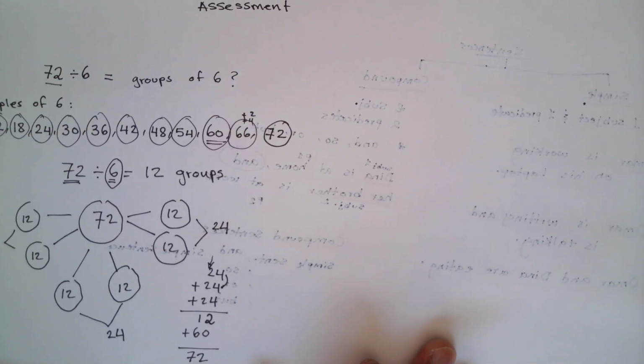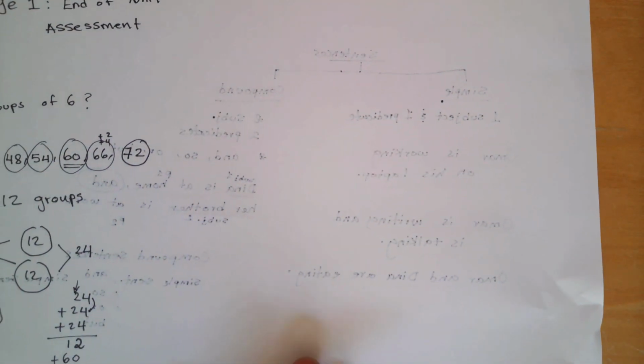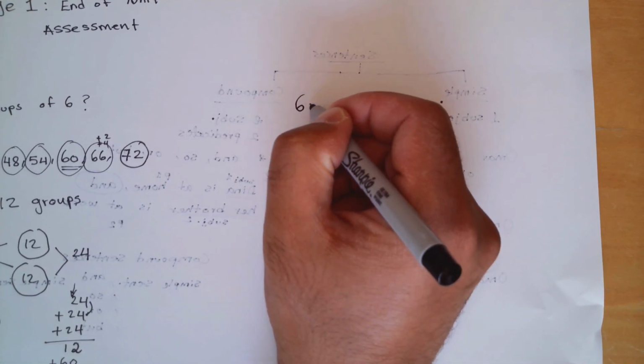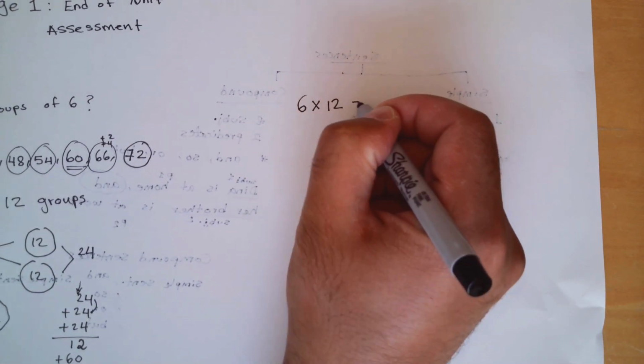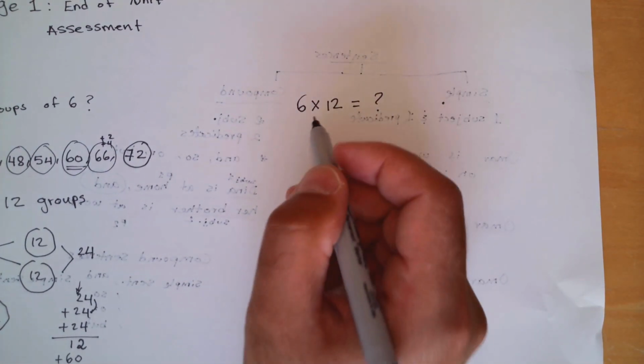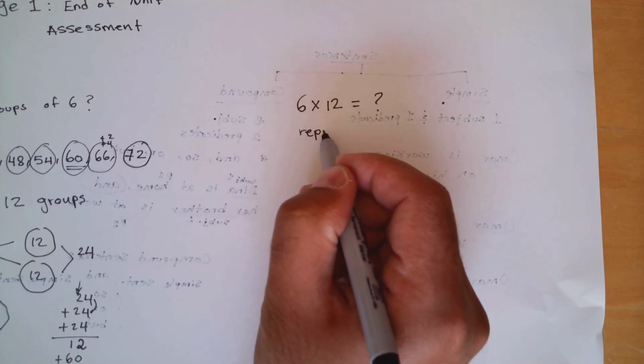Okay, now division is the opposite of multiplication. So if I say 6 times 12 equals how much? 6 times 12 means we're doing repeated addition.